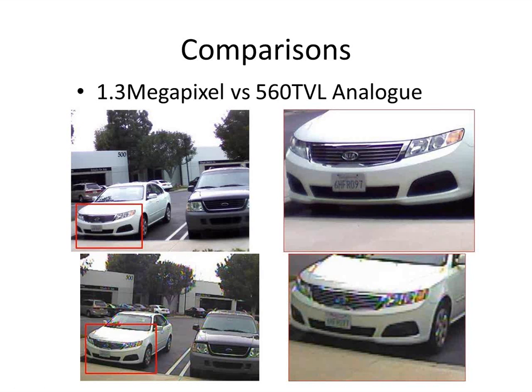So as you can see, the resolution is almost 4 times greater when you're comparing a 1.3 to an analog camera. So that's why we go IP, because we are not limited in the data and basically the resolution.